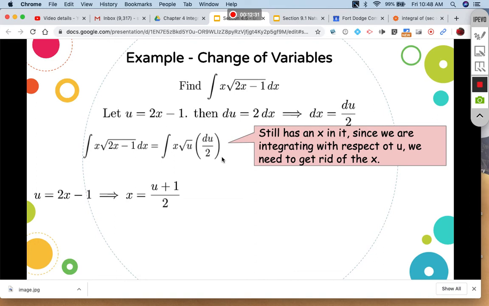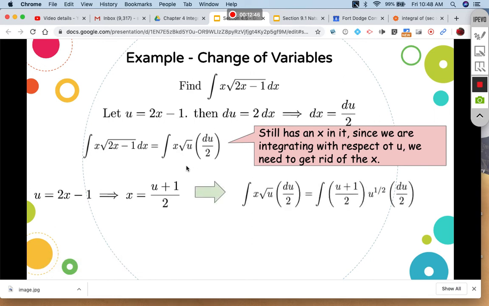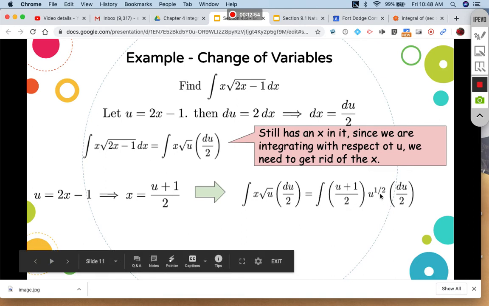So this is a trick we sometimes do. Sometimes this works, sometimes it doesn't. But if u is 2x minus 1, x is u plus 1 over 2, I can substitute that in place of the x. So I get u plus 1 over 2 times u to the half times du over 2.